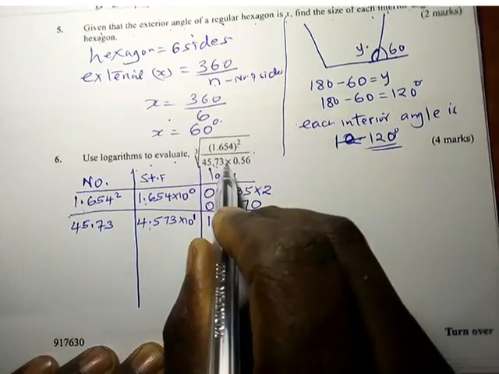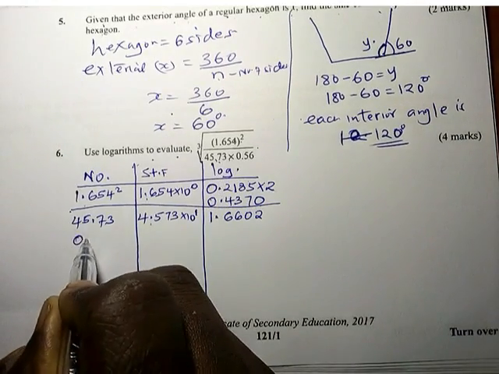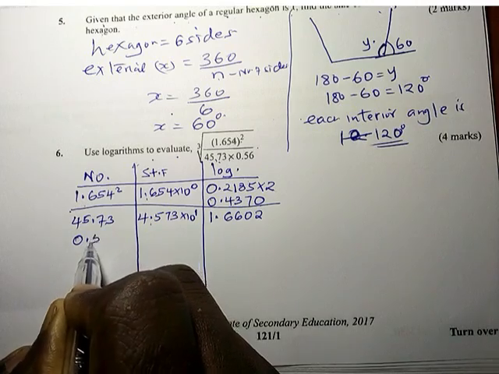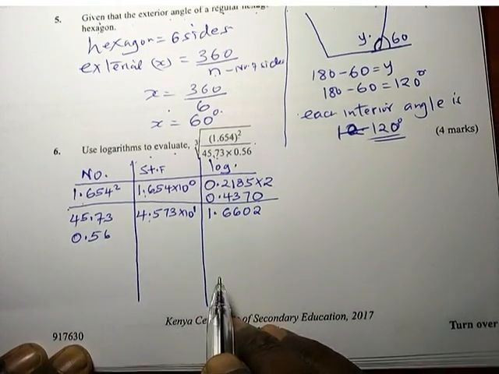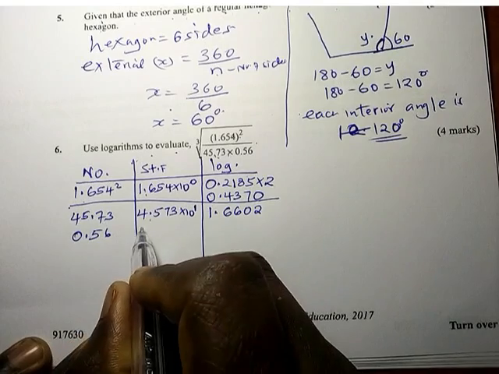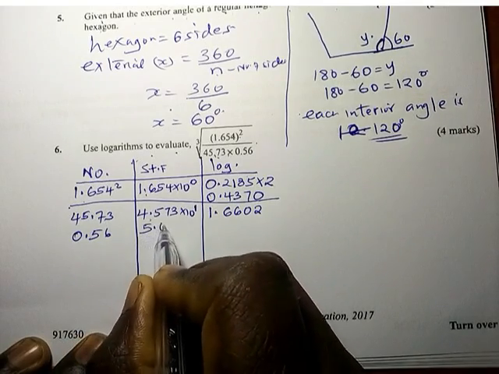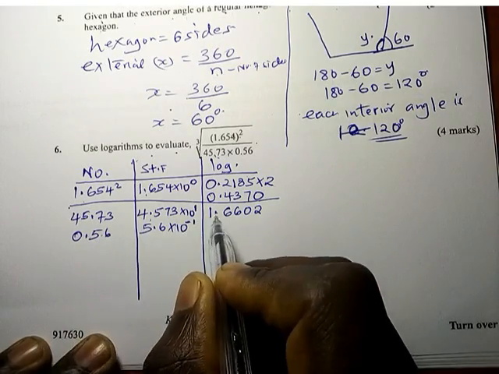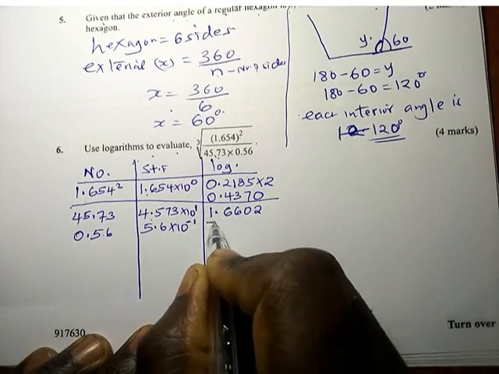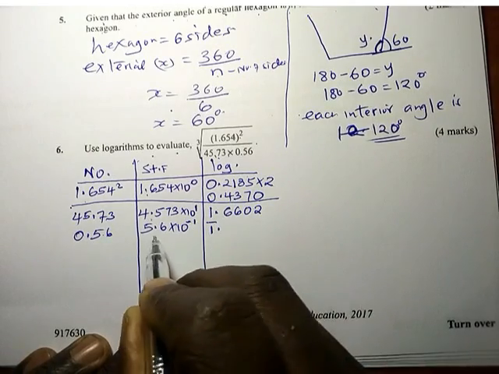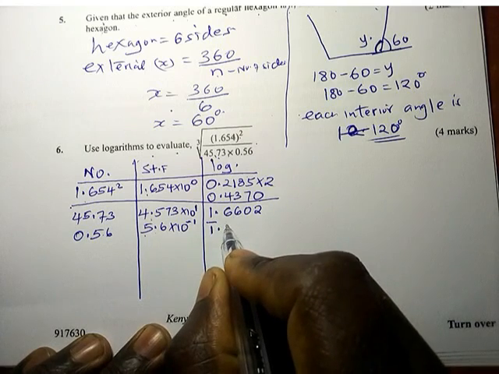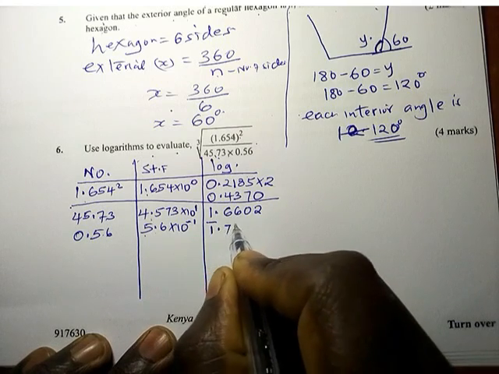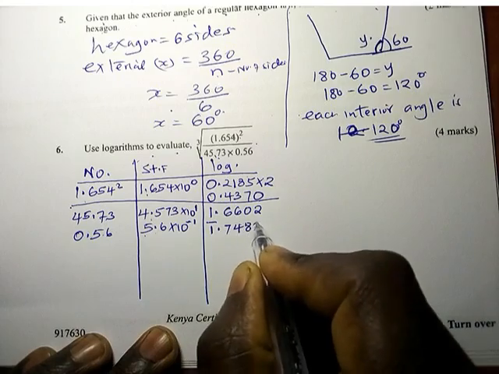We have finished this. Then we come to the next number, which is 0.56. We write that number in standard form, which is 5.6 times 10 raised to power negative 1. So our characteristic is going to be negative 1, written as bar 1. The log of 5.6 is 0.7482.